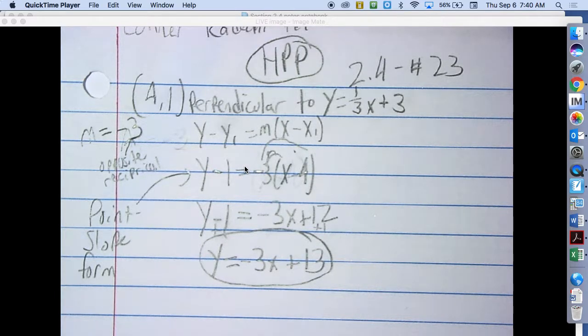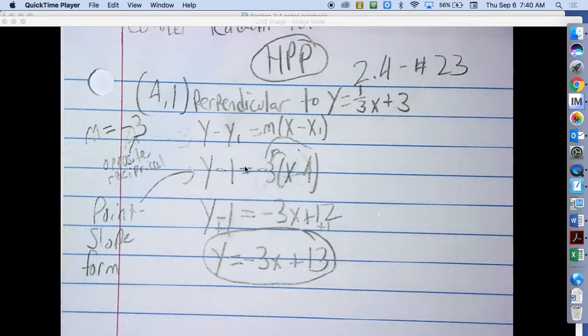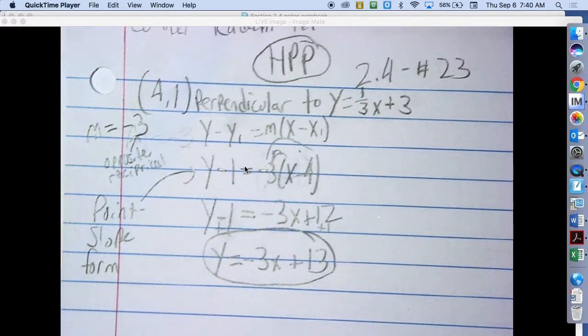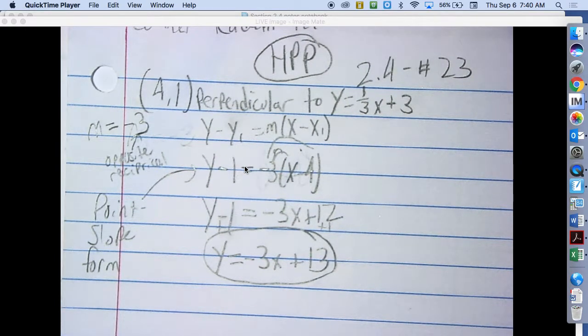So your slope would be the opposite reciprocal, which would be -3. If you use the point-slope form, you get y minus 1 equals -3 times x minus 4. Then you get y minus 1 equals -3x plus 12. Adding 1 to both sides, you get y equals -3x plus 13.